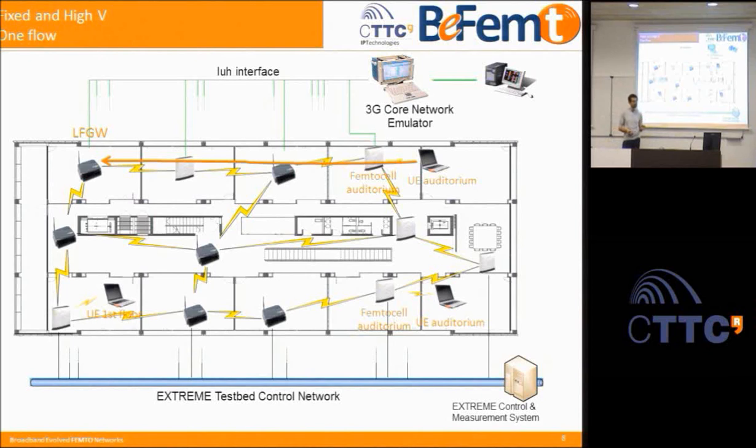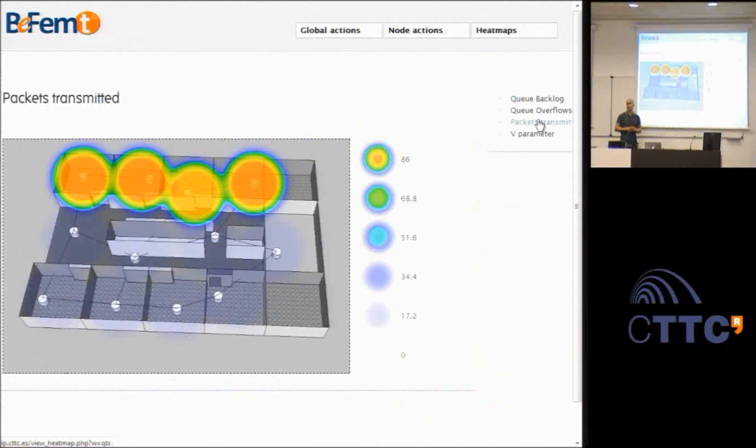It's a fixed and high value of V, meaning that we are interested in reaching the destination through the shortest path. So based on our geographic information, we'll go straight to the destination. And this is what Jose will show you now in real time. This is the graphical user interface that we developed within the context of the bFemto project.